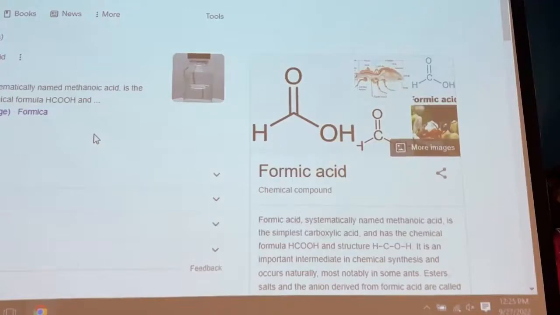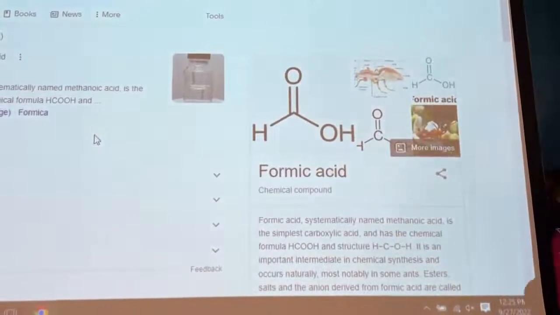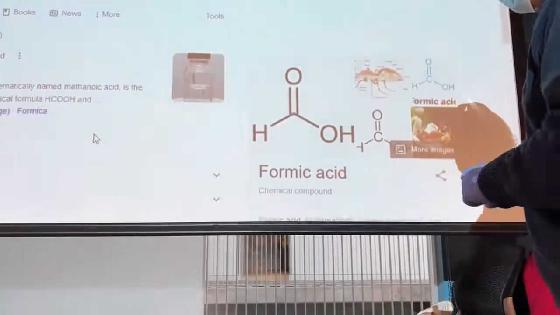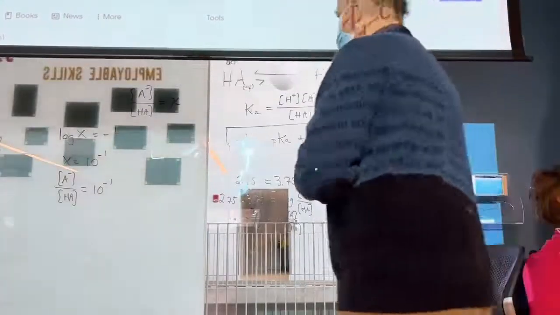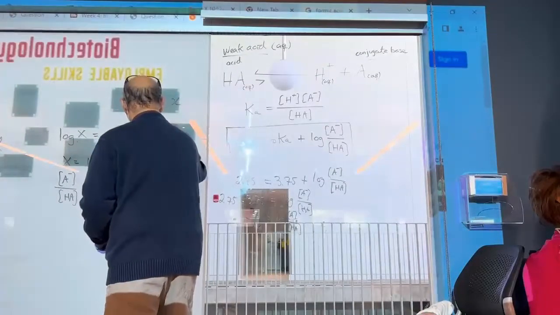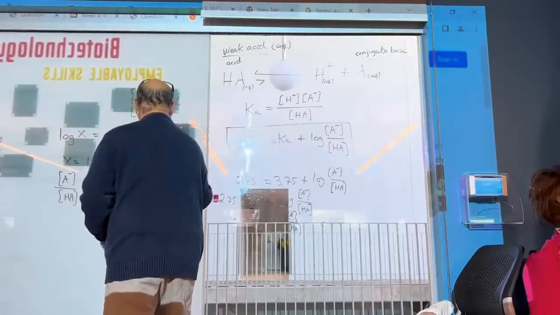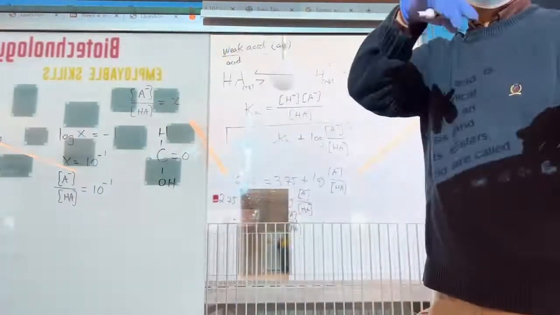You need to think back to last week. This guy right here is not an acid. This is a covalent bond. So this is important. When you look at the structure of formic acid, you need to think back to last week.